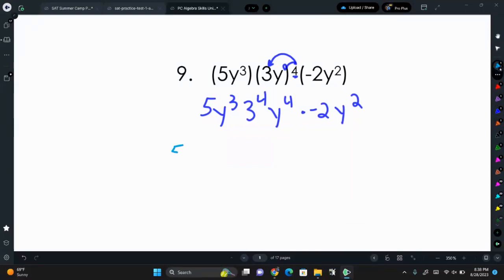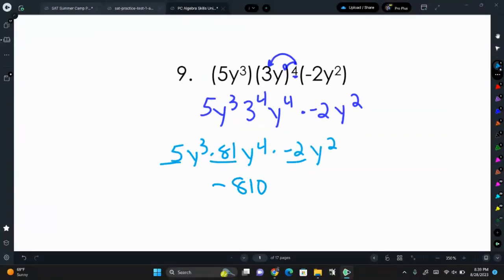So 5y to the third times 81y to the fourth times negative 2 times y squared. Okay, so now we can multiply our numerals. 5 times 81 times negative 2. We get negative 810.